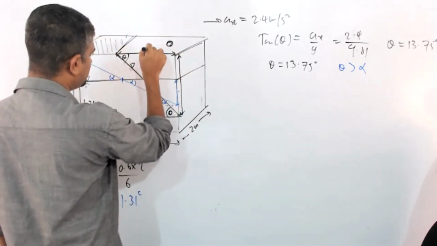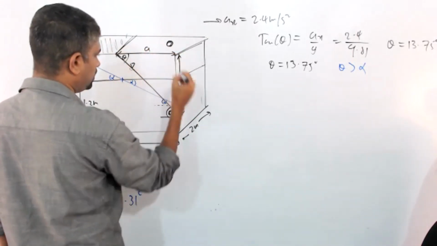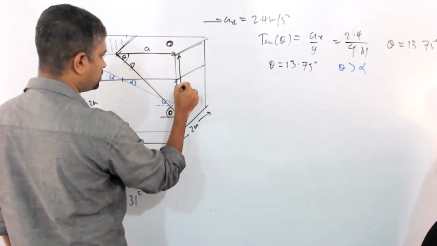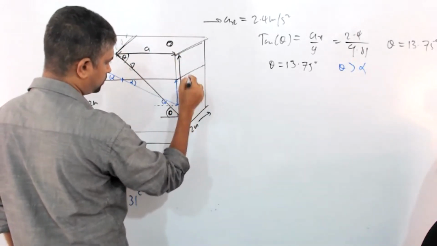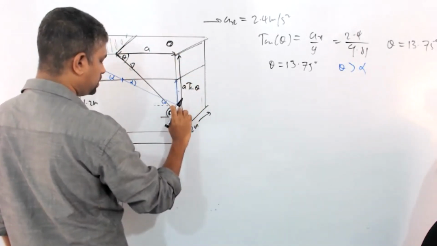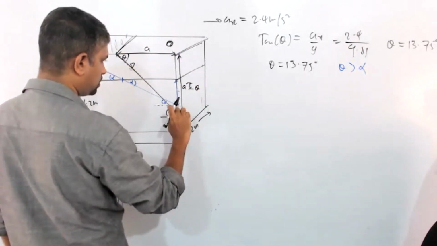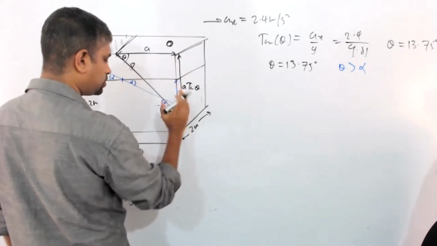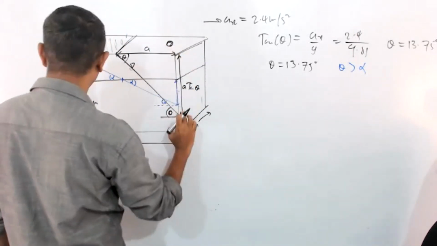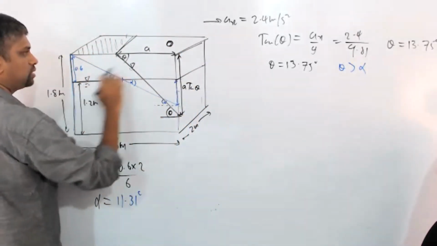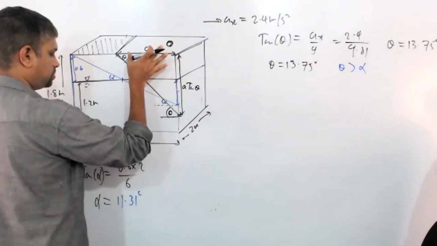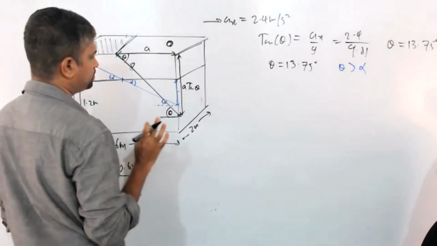Let's say this is A. If this is A, this is A tan theta. So A tan theta must be less than the total height 1.8. This A must be less than 6 meters.